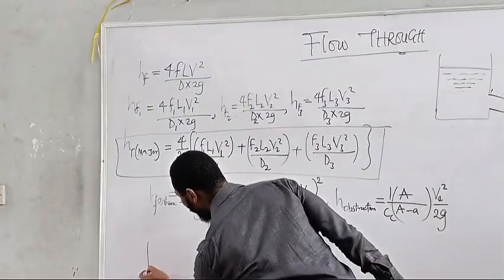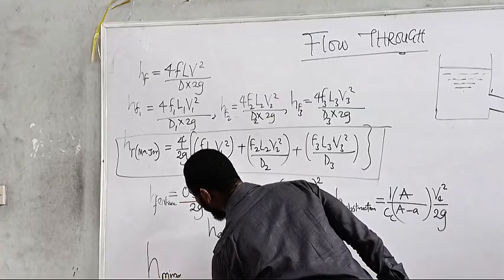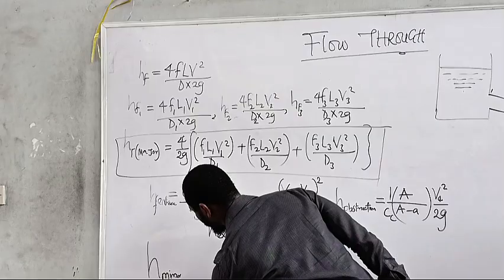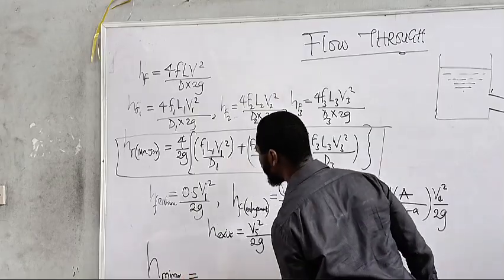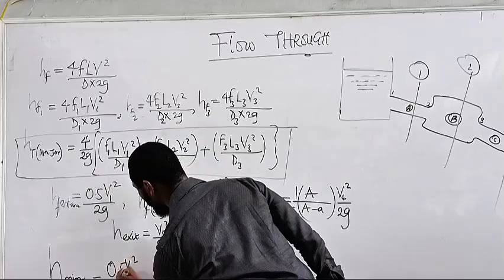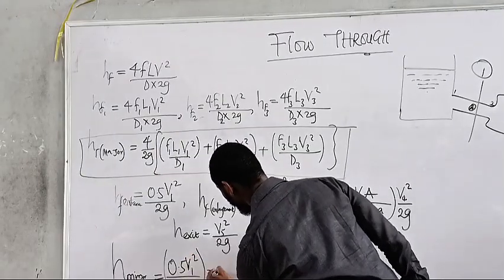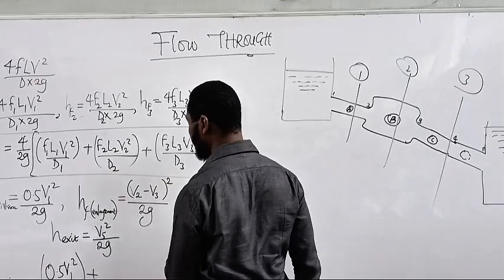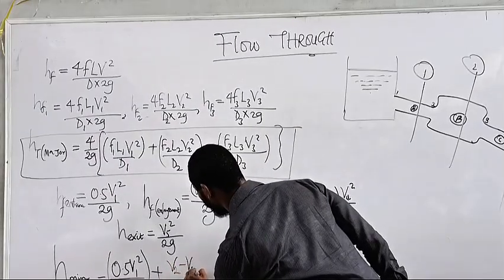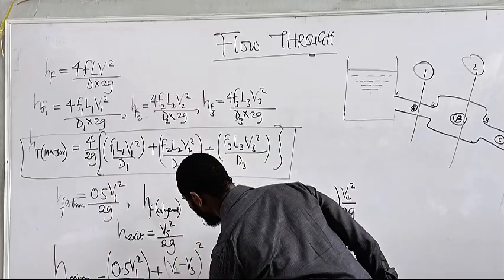The total minor head losses becomes, at the entrance level, 0.5 V1 squared over 2g, plus, when the pipe enlarges, V2 minus V3 all squared over 2g.